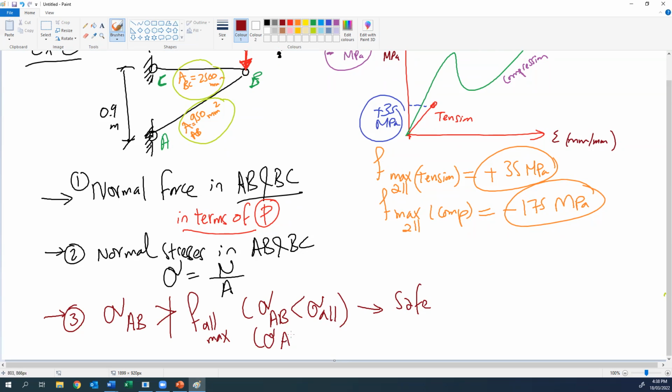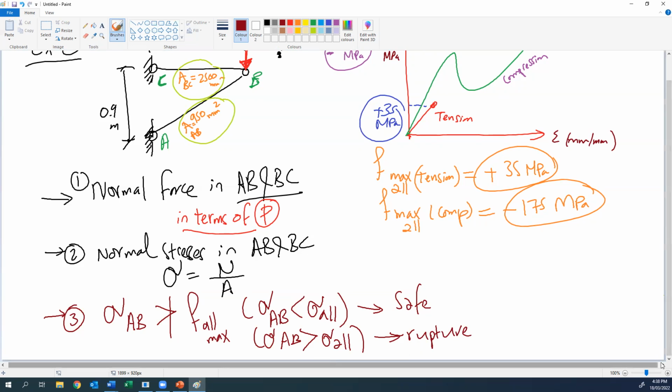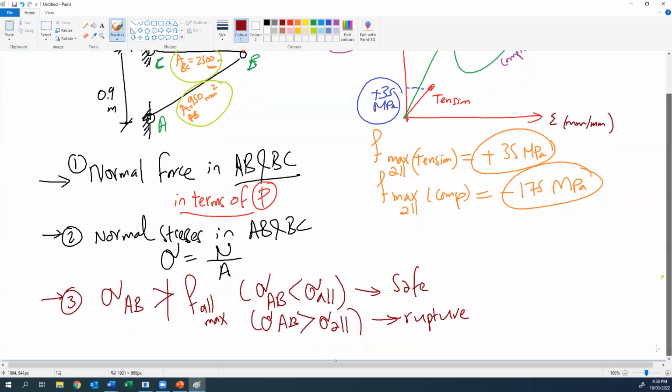If the stress in member AB is larger than the allowable stress, this means that this member will rupture. So to ensure that this member will not rupture, we need to assume that the stress in member AB will be equal to the maximum allowable stress of the material. This is the first assumption.